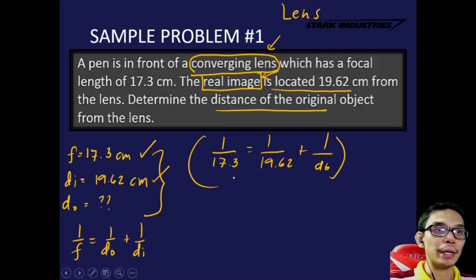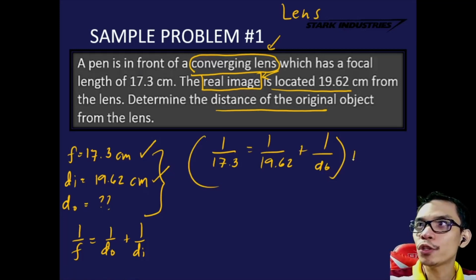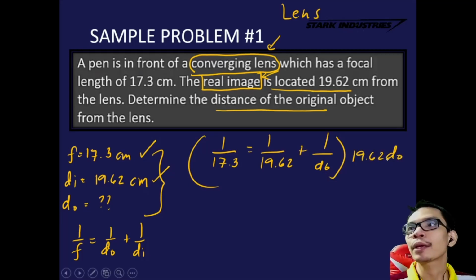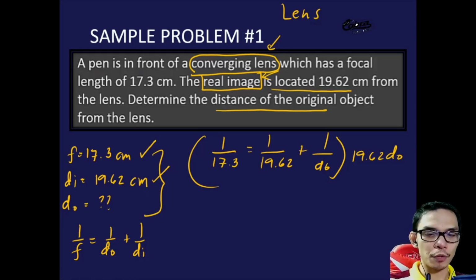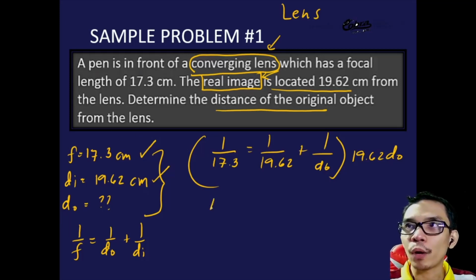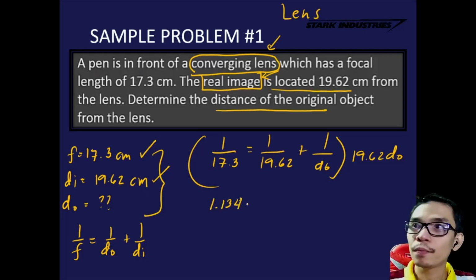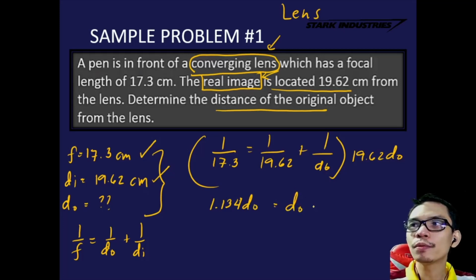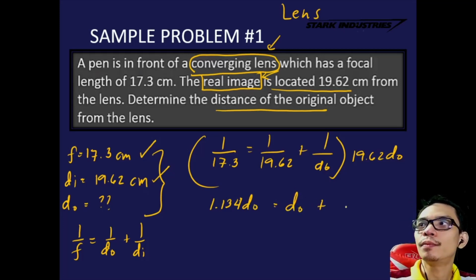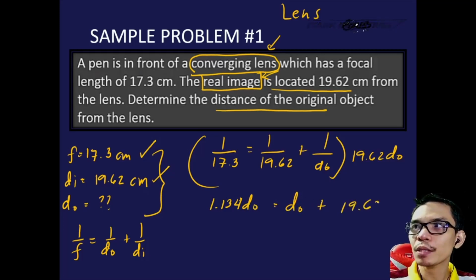There you go. Okay, so we will use 19.62 d sub O as the least common multiple. And let's try to find it out. So 19.62 over 17.3 will be 1.134 d sub O. It's equal to d sub O plus 19.62.